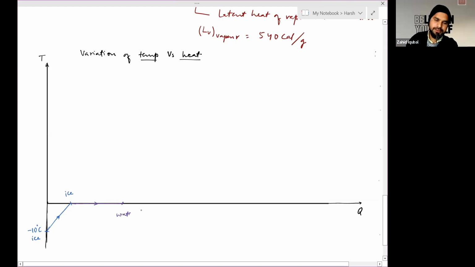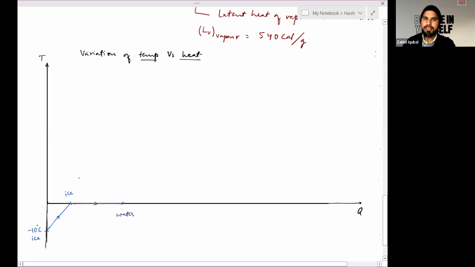So at this point, there is no change in temperature. At this point, the amount of heat being supplied to ice is utilized in breaking down the bonds of ice so that it may convert into water. So there will be no rise or fall in temperature.